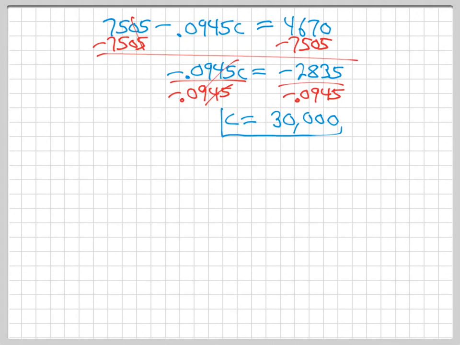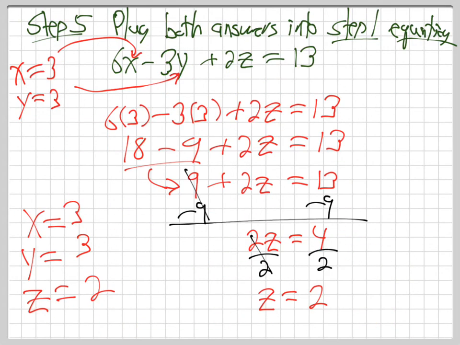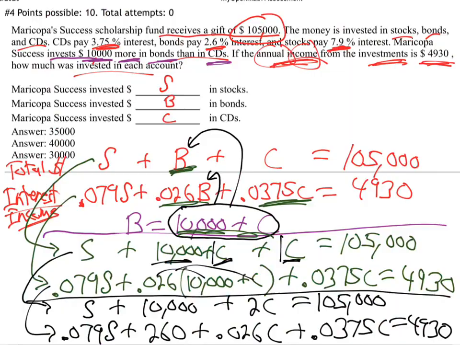So we got an answer for C, the amount they invested in CDs. We got our first answer after all that hard work. Now we've got to go back. The easiest place to go back would be an equation involving just C and one other letter. I think the easiest place would be back here, this equation right there. See this one?